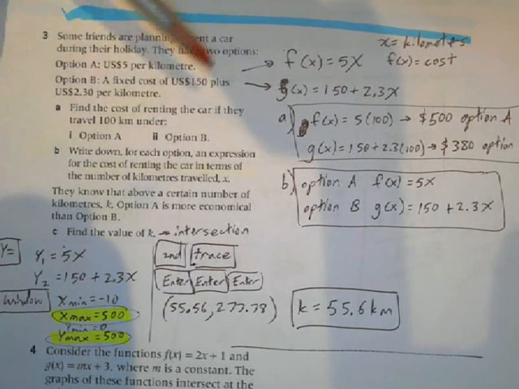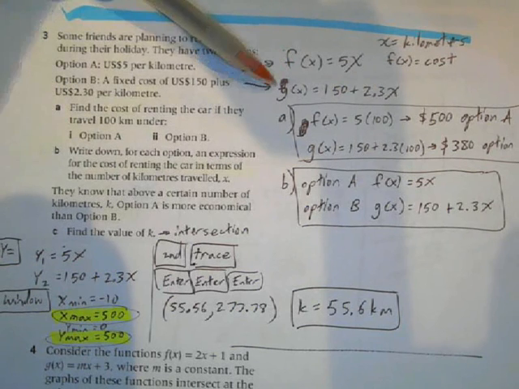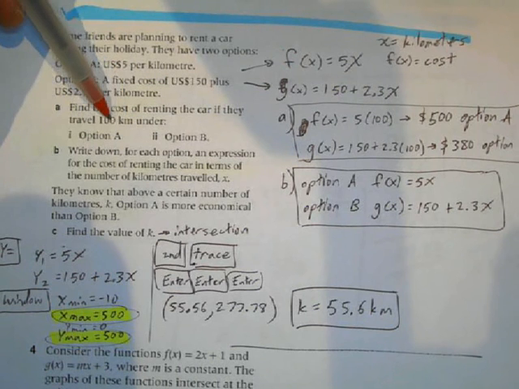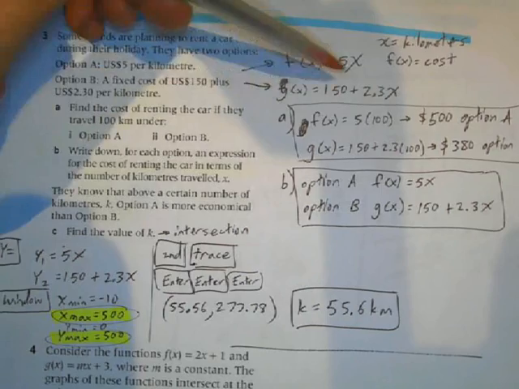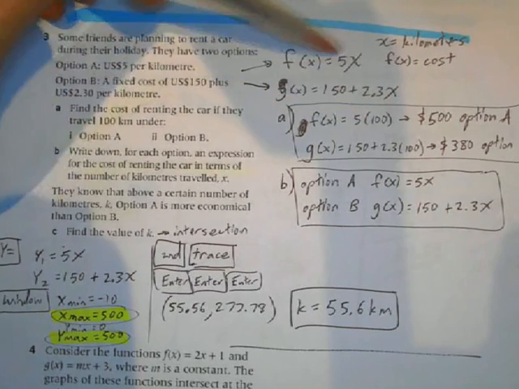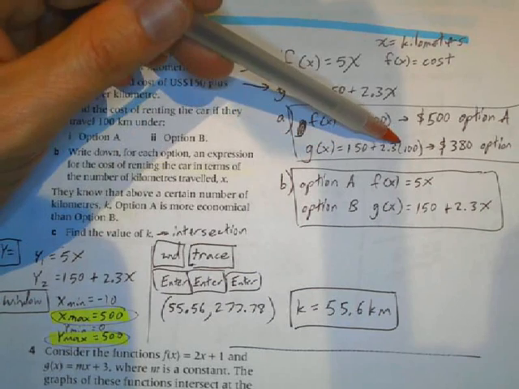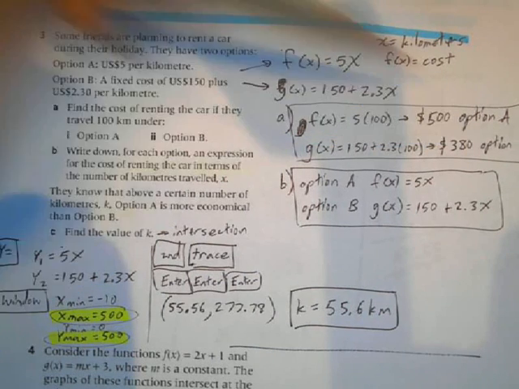Here are our equations. So find the cost of renting a car if it travels 100 kilometers. So I'm going to plug in 100 for x. I get 500, and 100 for x in this other equation, and then I get 380.